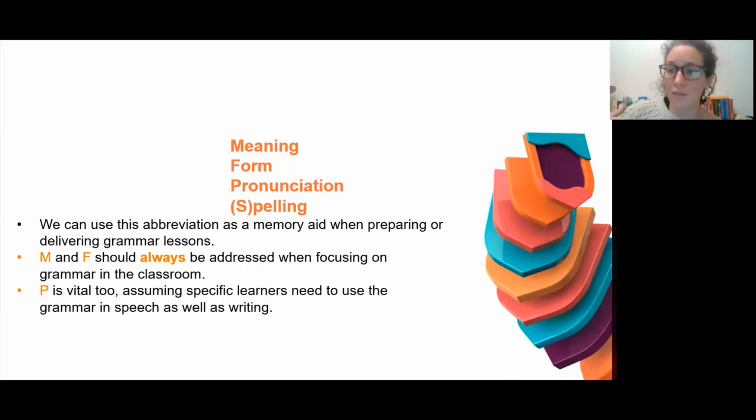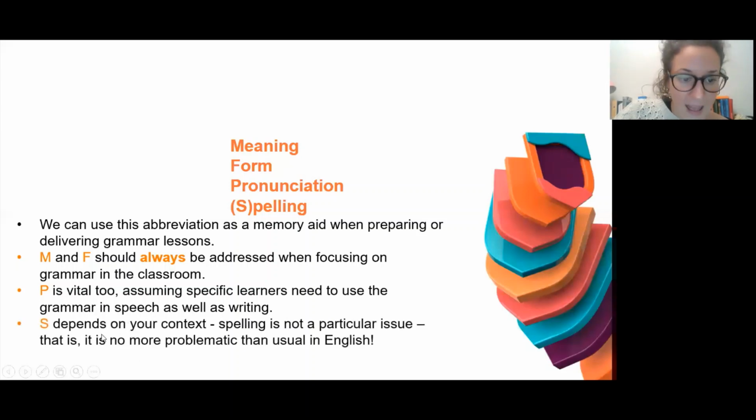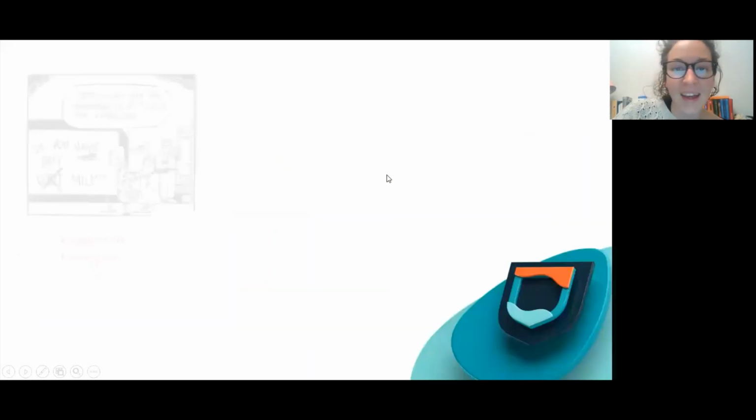So we get used to the fact that there is a silent T in the word mustn't. Then spelling depends on your context. Yeah, it's quite a problem, not only for grammar, but for all the English language.